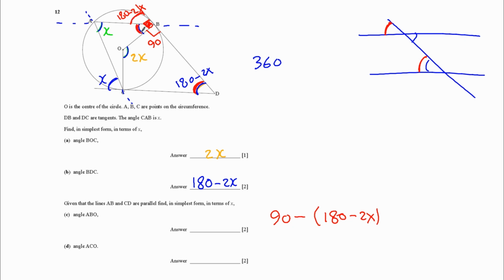I need to keep the bracket to get this right. If I expand that minus, it would be 90 minus 180 plus 2x, and the final answer is 2x minus 90. So the answer would be 2x minus 90.